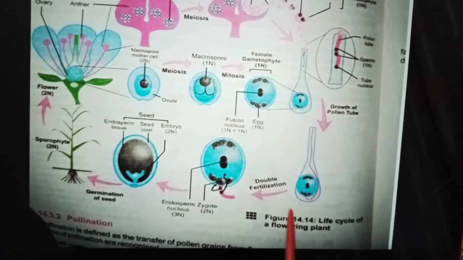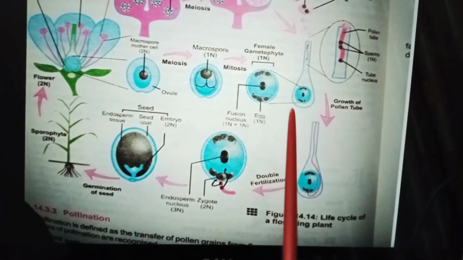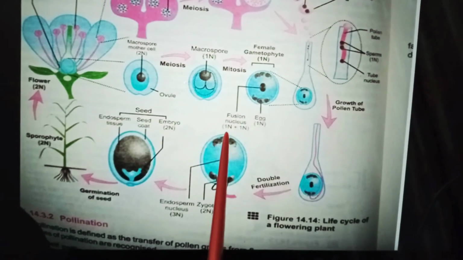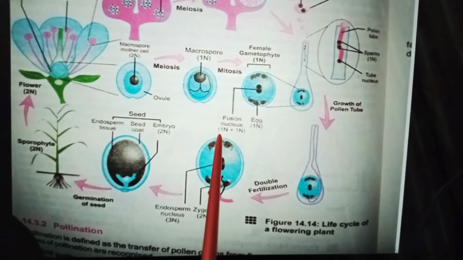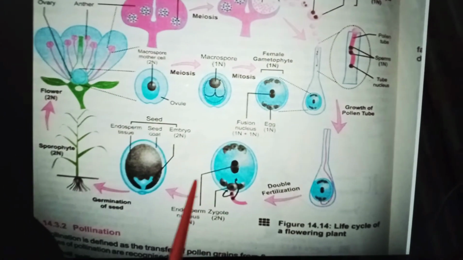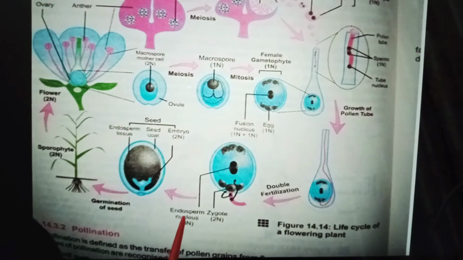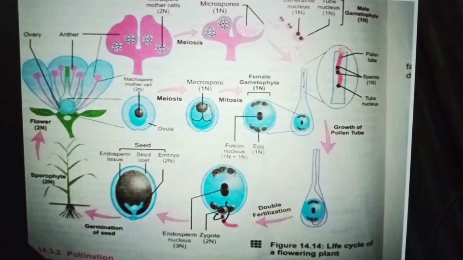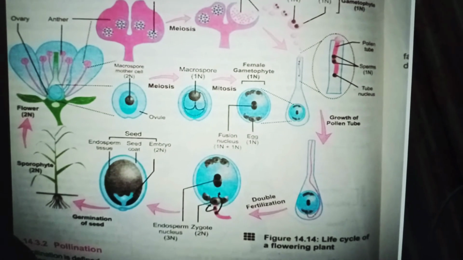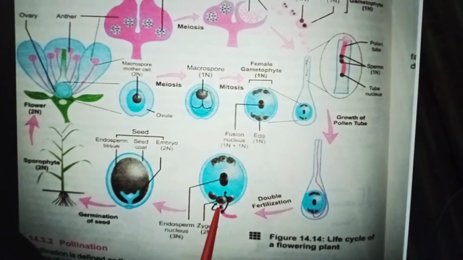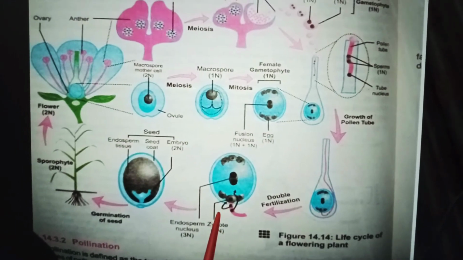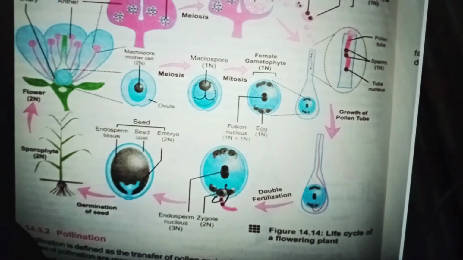The other sperm will fuse with this fusion nucleus, and it has 1N plus 1N and forms a 3N endosperm nucleus. Since this process involves two fusions, so here are two fusions, it means that there would be double fertilization.